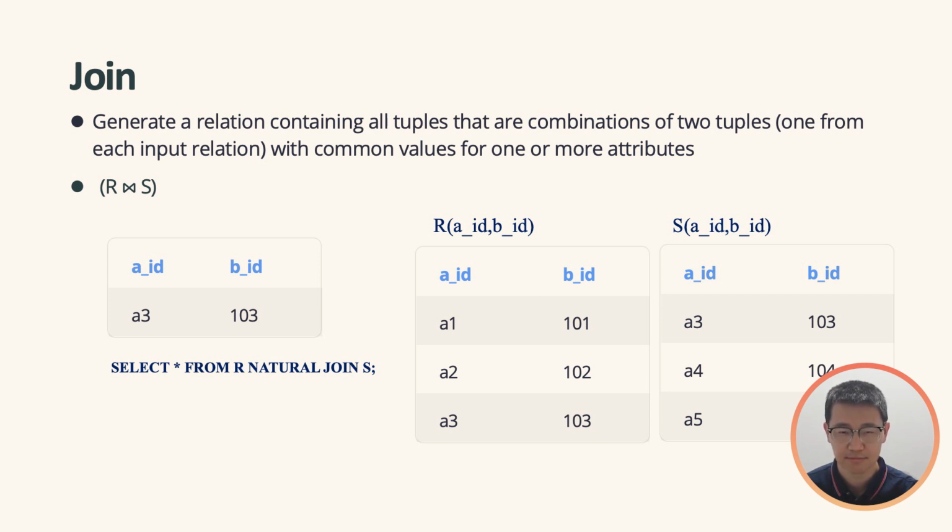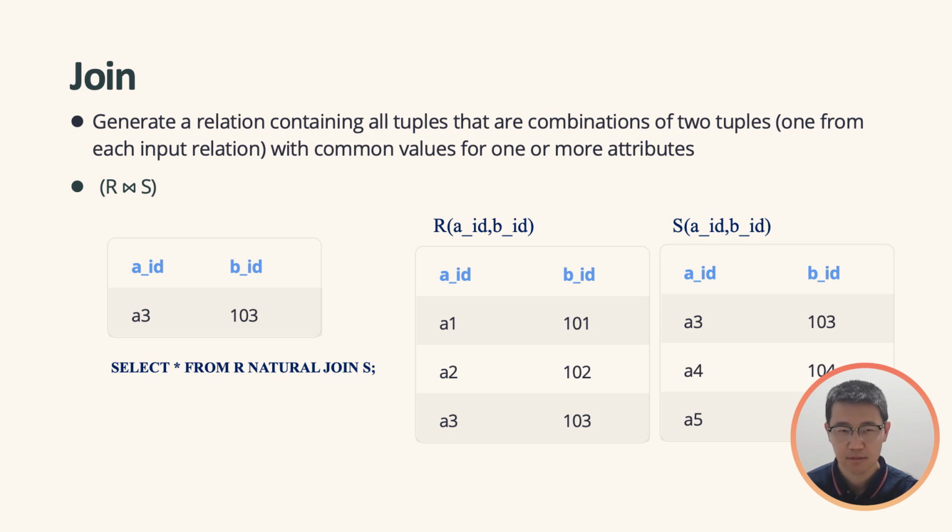For instance, in the relations R and S, only the tuple A3 103 is common in both R and S, and it shares these attribute values. Thus, we automatically select it out using select star from R natural join S.